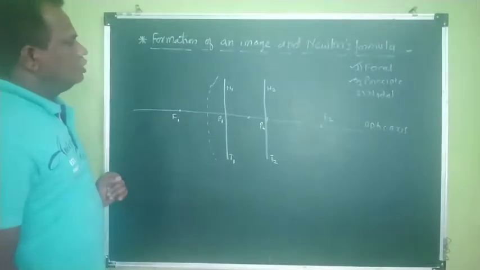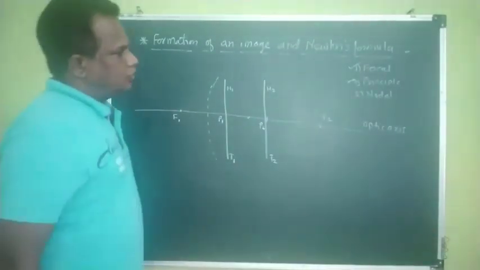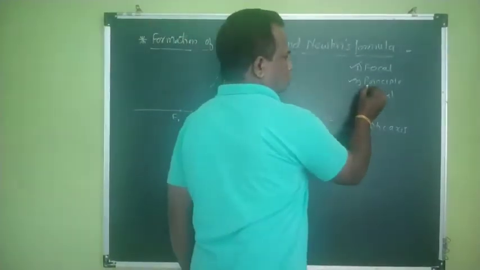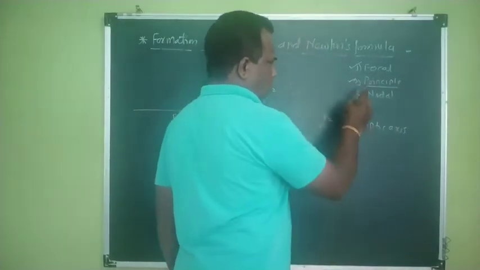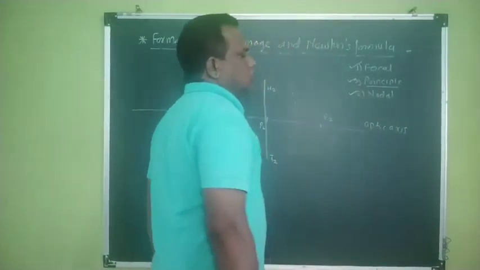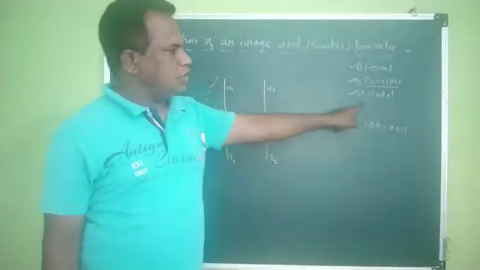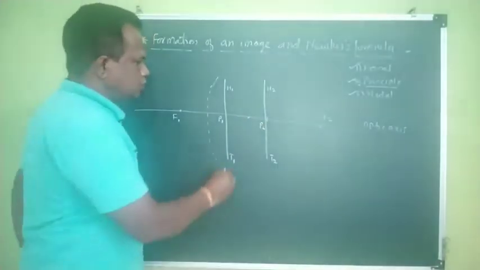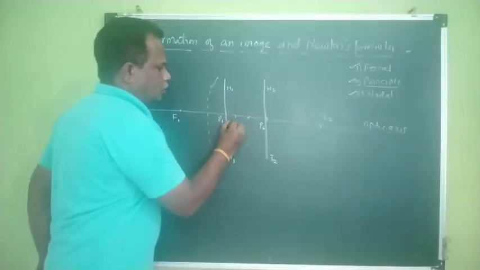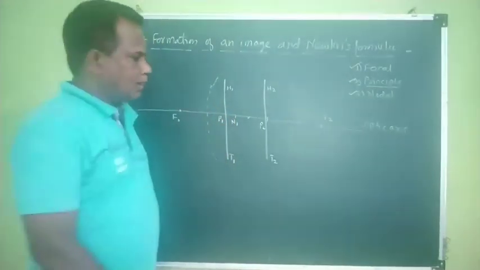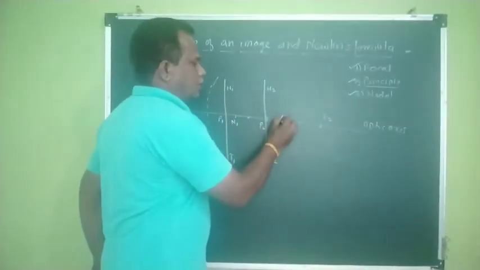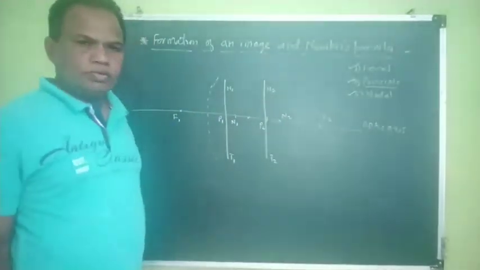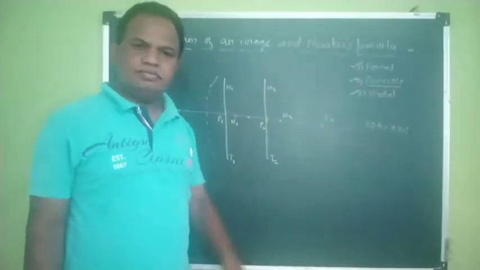Again, these are also two conjugate points. The last points we are going to see are the nodal points. I will draw here one nodal point N1 and another nodal point N2. What are the properties of the nodal points?